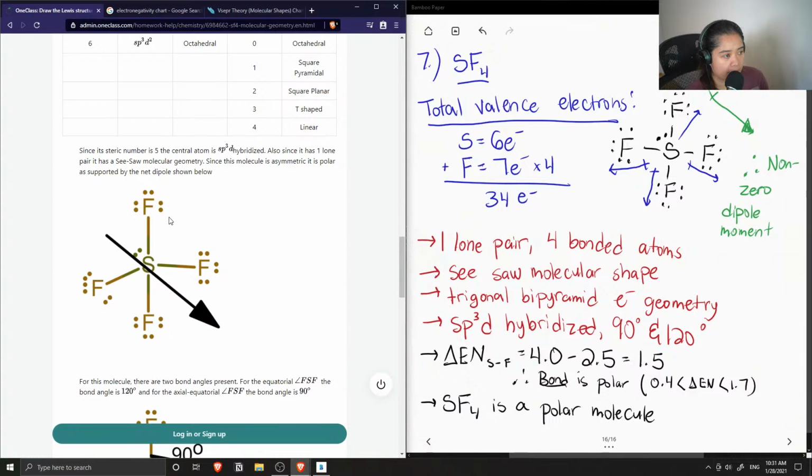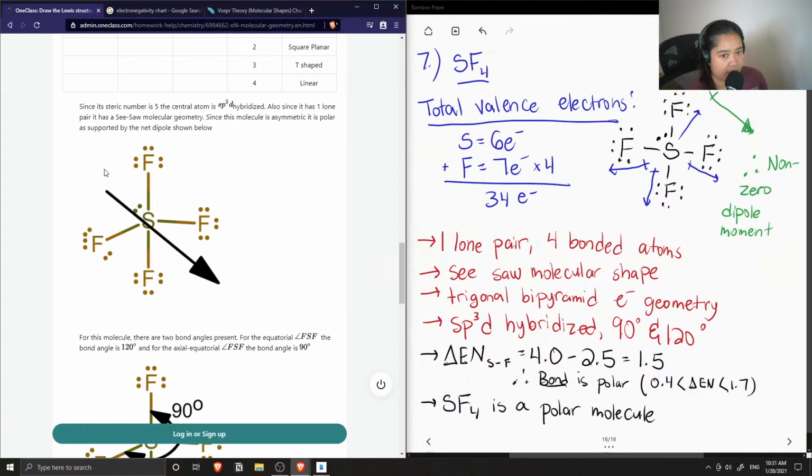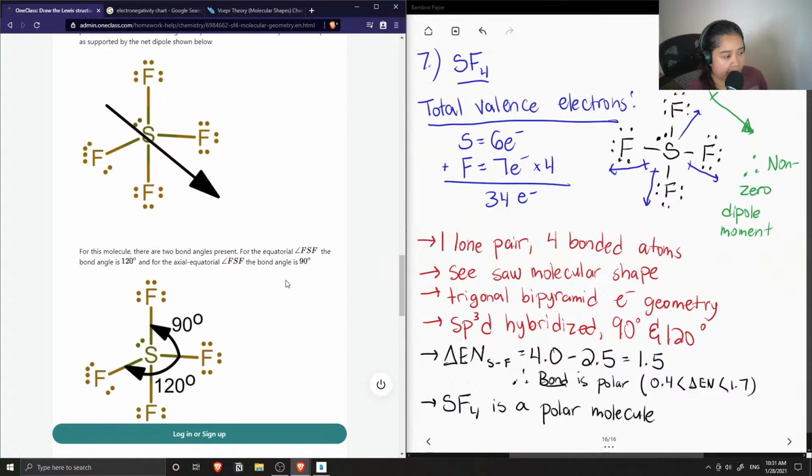So I think they summarized it down here. Seesaw. And since this molecule is asymmetric, it is polar as supported by the net dipole shown below. So they also showed how all the fluorines are more electronegative, and the lone pair causes them not to cancel each other out.